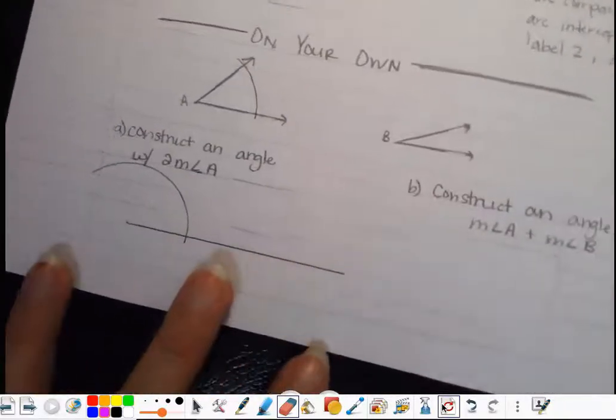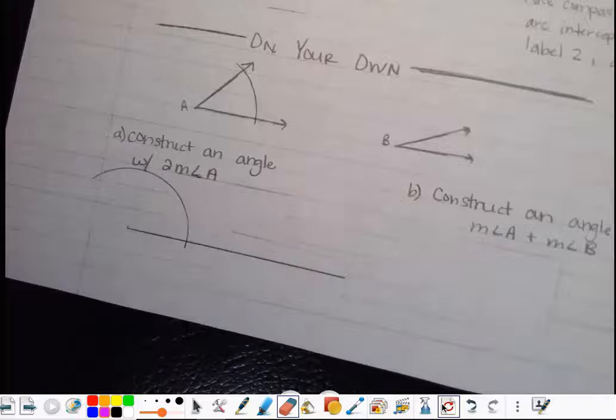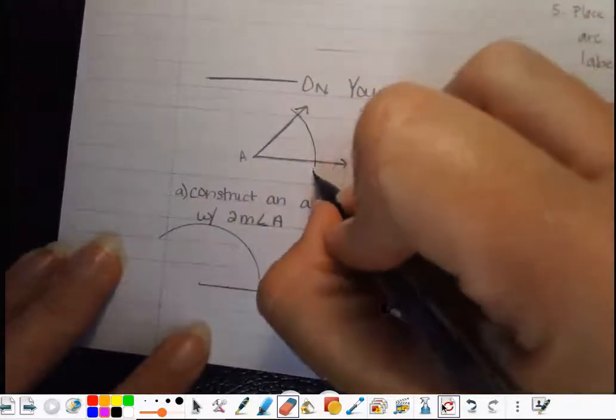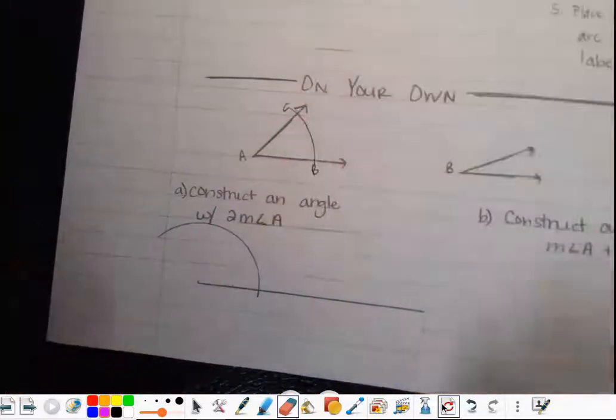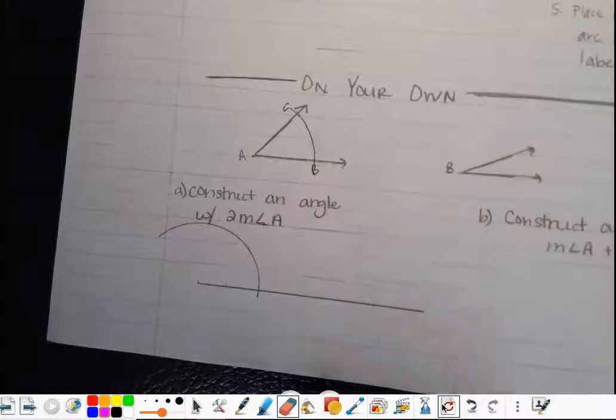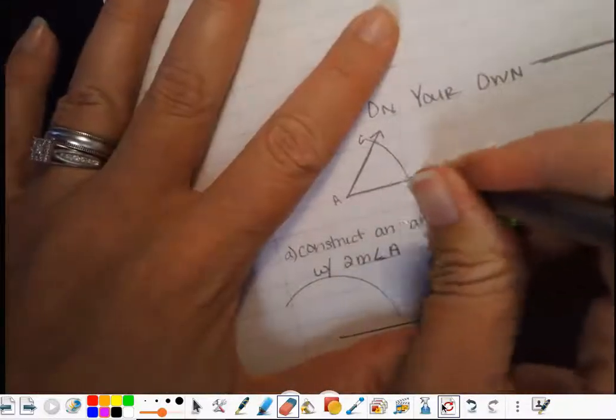Okay, now what do you measure? So if I name this B and C, or maybe I should say C and D because I already have a B on the other one.